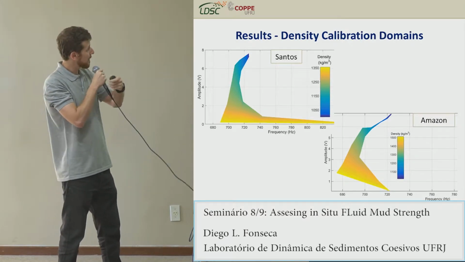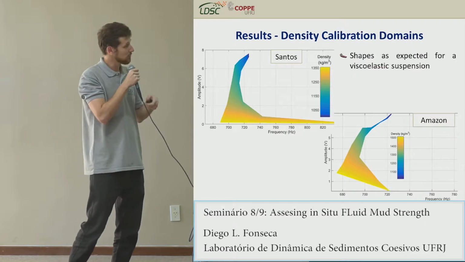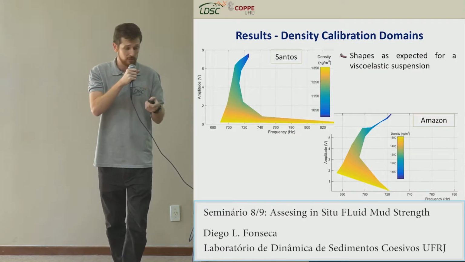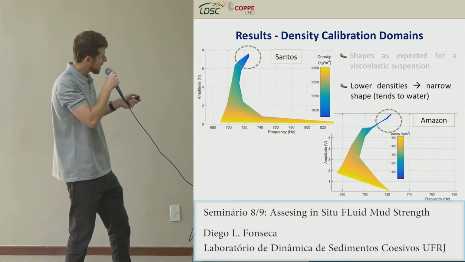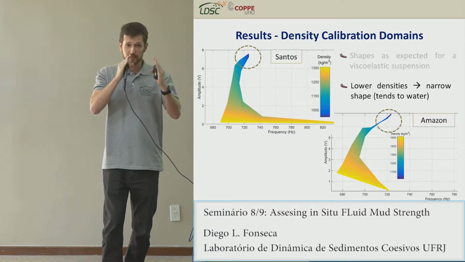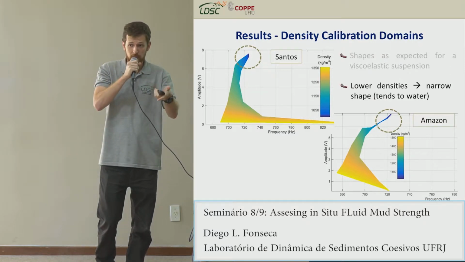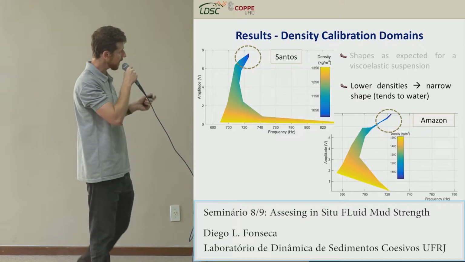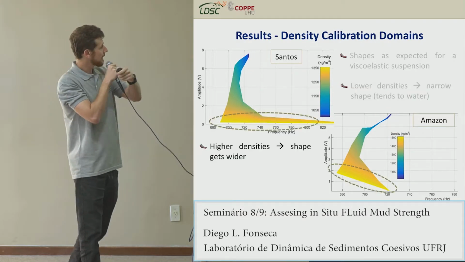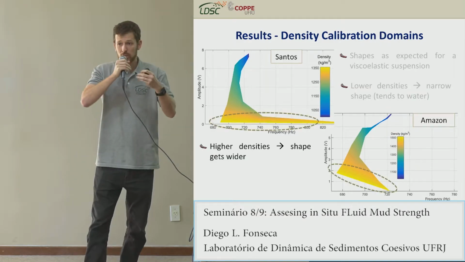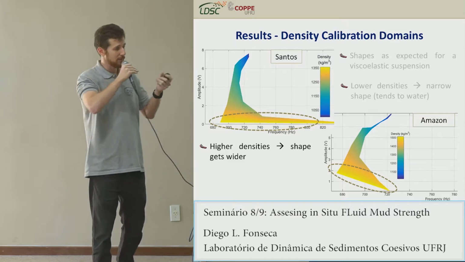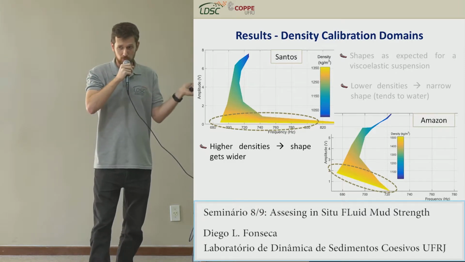But as we can expect, it's a shape for a viscoelastic suspension. It means for lower densities, the shape tends to a point. It tends to water, so a Newtonian fluid. So it gets narrower.